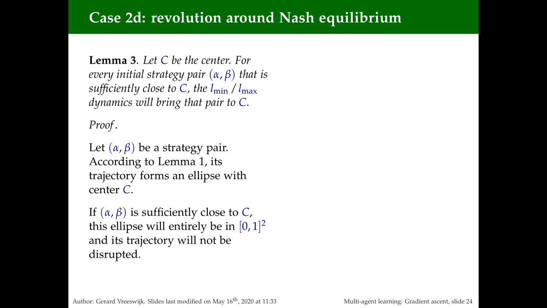So the boundaries of the unit square do not play a role anymore in the dynamics of the trajectory. So the trajectory will not be disrupted.